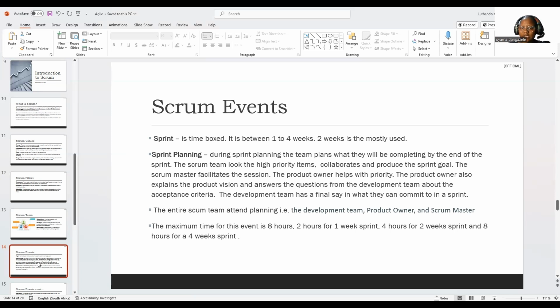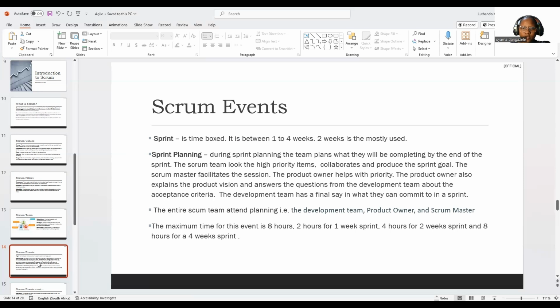And lastly, the development team has the final say in what they can take into the sprint. They know how much they can complete, and therefore they are the ones who say, this is how much we can take.